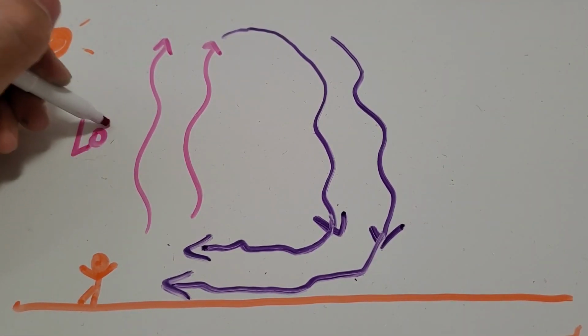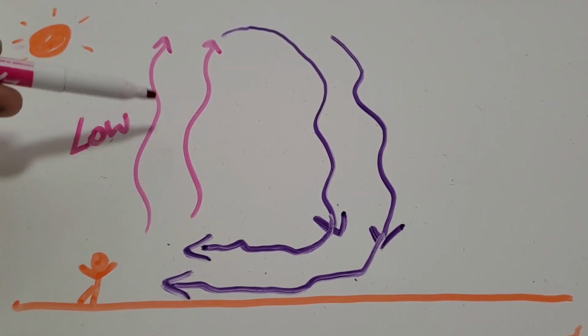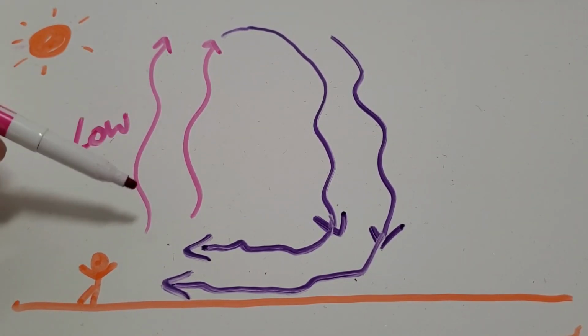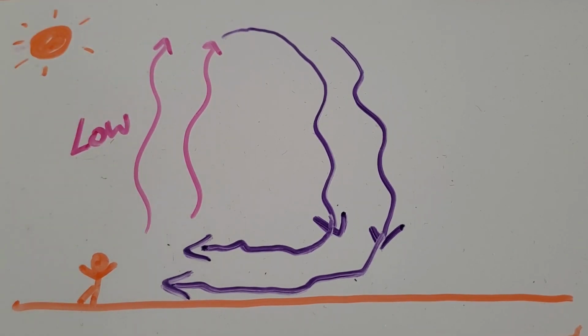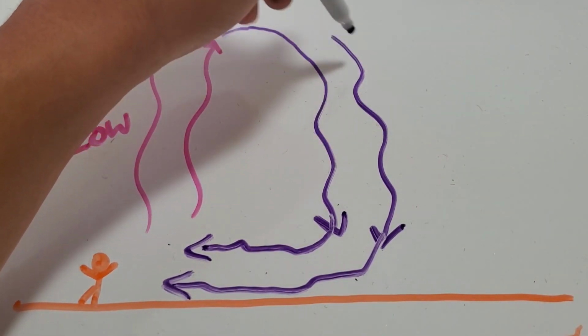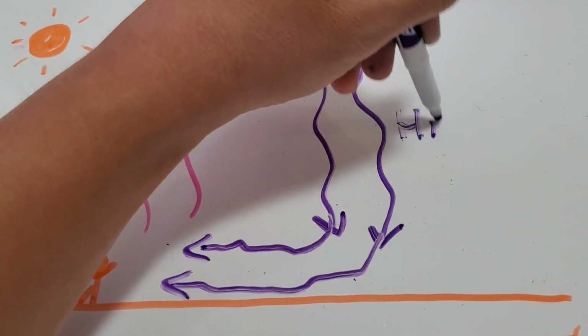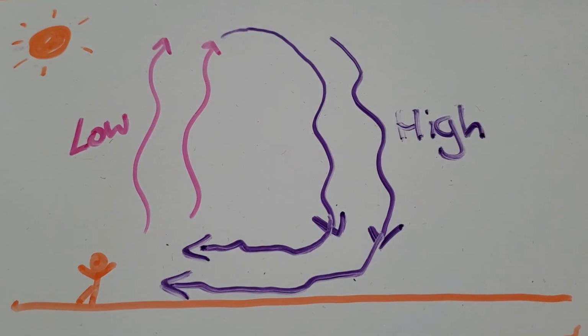This is our low pressure area because there's air rising up off the ground. It's not pressing down on the ground as hard because it's rising up through the atmosphere. And where that cool, dense air is sinking and coming down to the ground, that's an area of high air pressure.